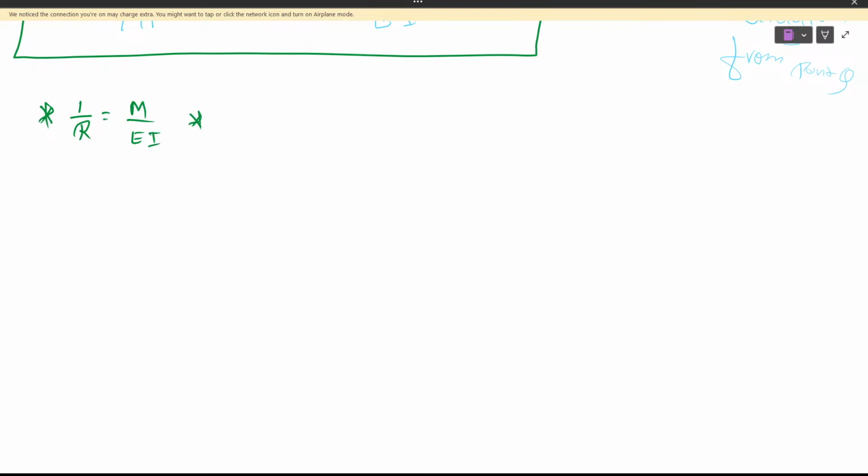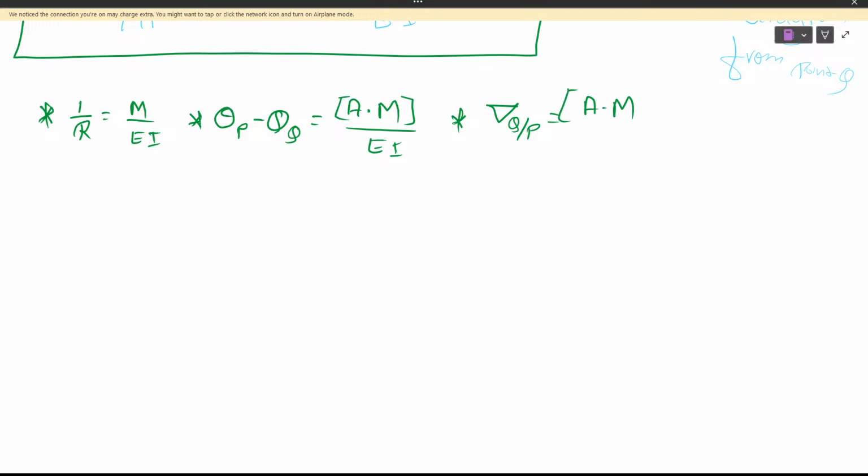Another formula is theta P minus theta Q equals area of moment diagram divided by EI. Another formula is the lateral displacement, equal to area of moment diagram divided by EI multiplied by X bar.